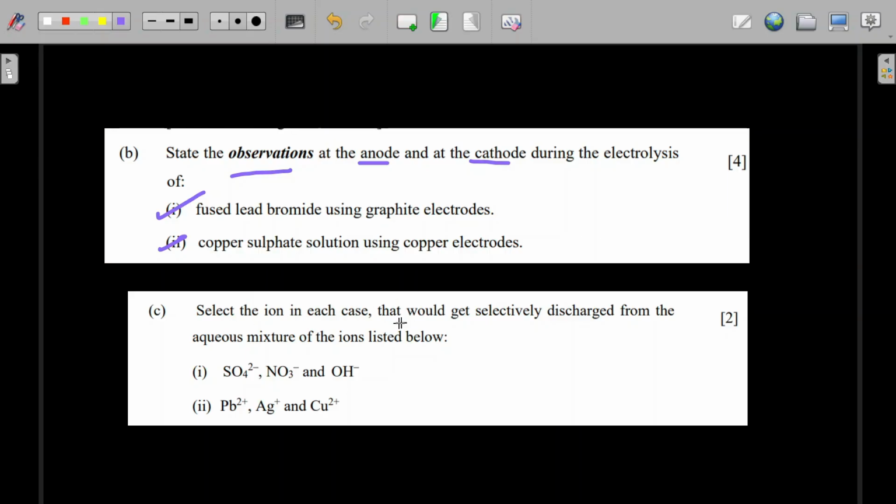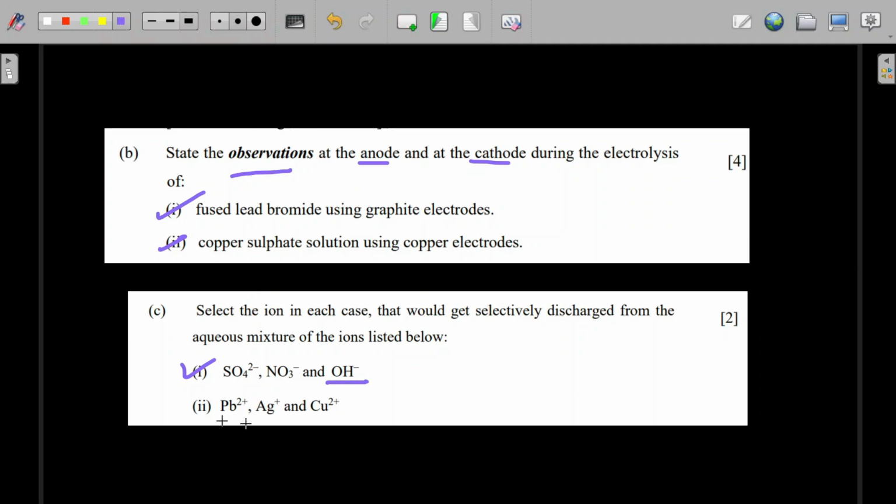Select the ion in each case that would get selectively discharged from the aqueous mixture of the ions listed below. Rishi, tell me what is the answer for the first one? Sir, that's OH minus.